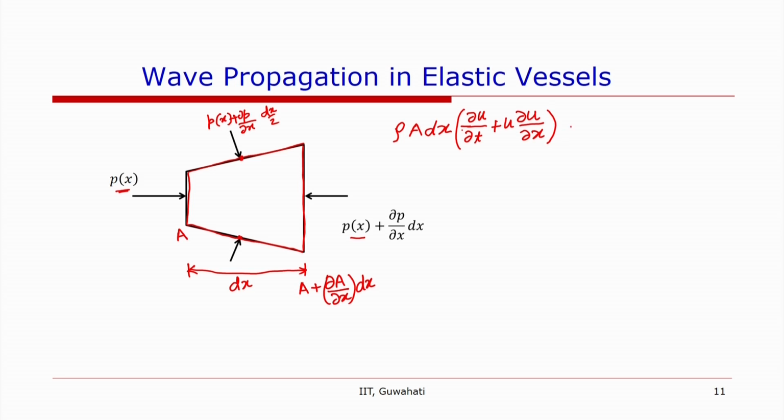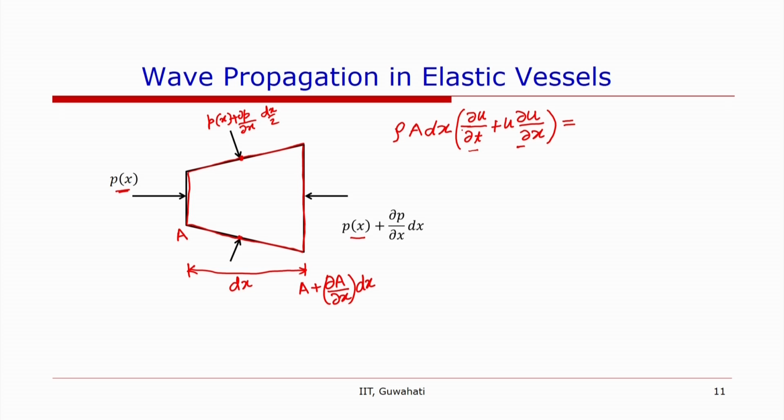We are not going into the detail of the derivation of this acceleration, we can directly consider this. This is the unsteadiness or the local acceleration, and this is the convective acceleration.